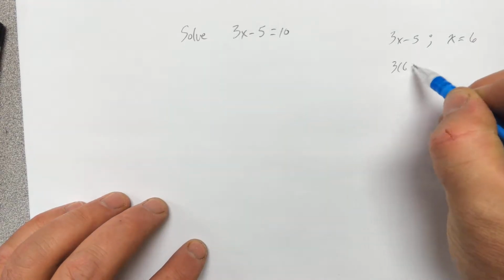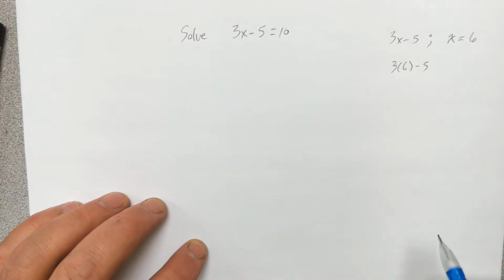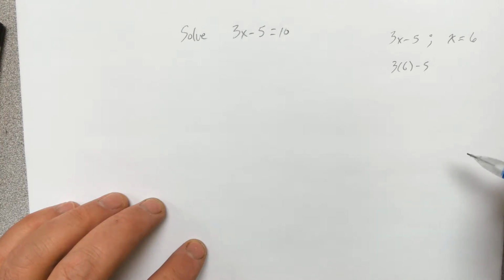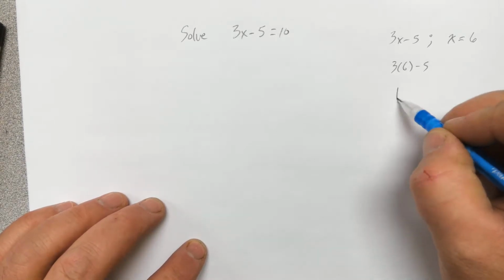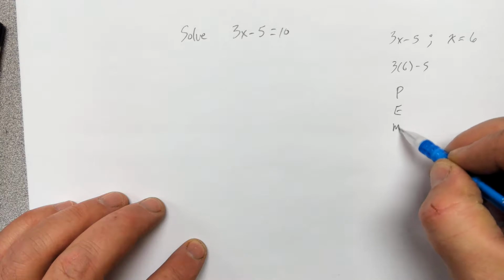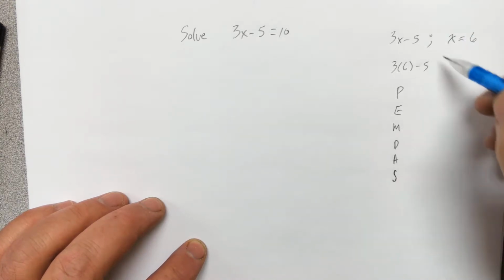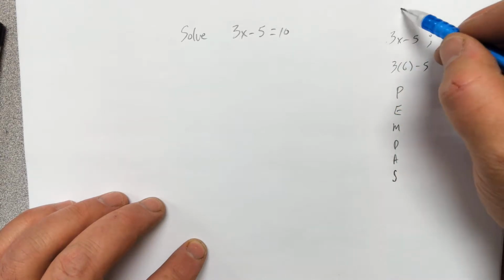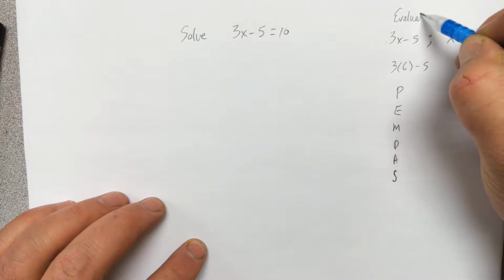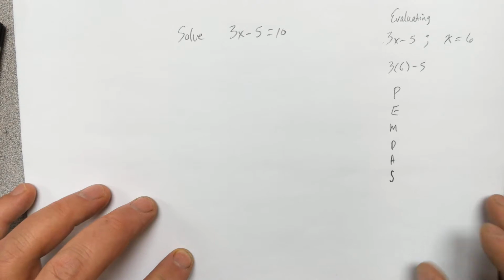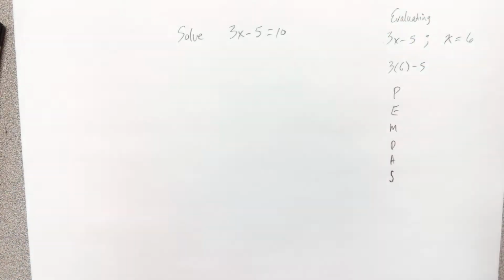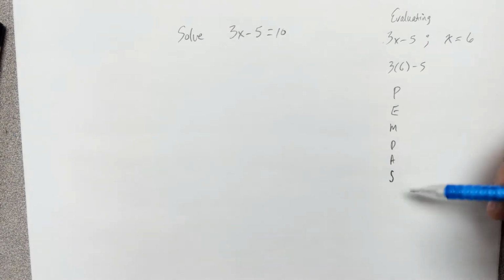So you would do 3 times 6 minus 5, and then you just have to multiply and then add. To do that, you had to use the order of operations, right? And this kind of work right here is called evaluating. It just means find out what it equals when x equals some number.